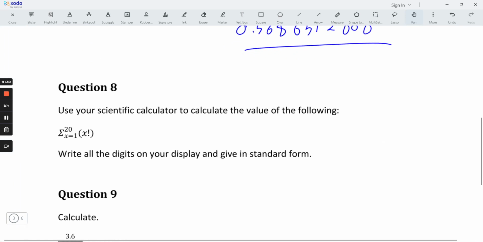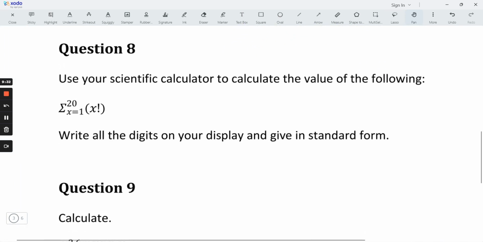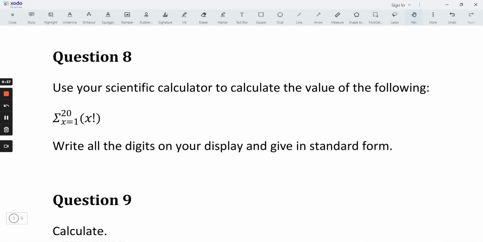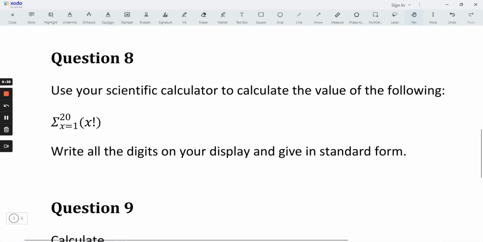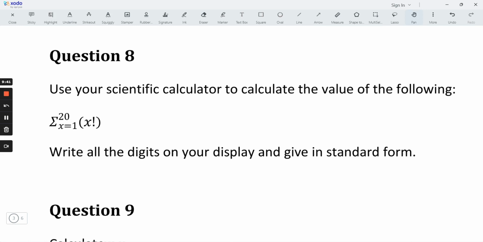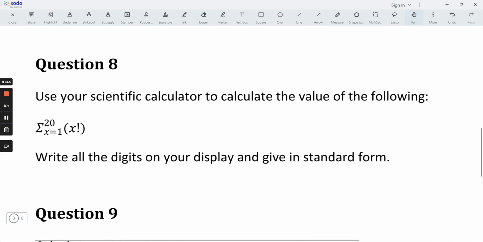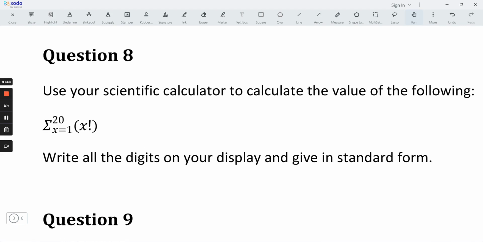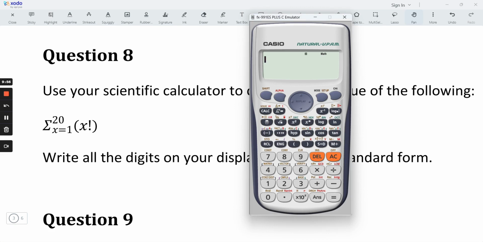Question 8. Use your scientific calculator to calculate the value of the following. Sum from x equal 1 to 20, x factorial. Write all the digits in your display and give in standard form. Okay, this question is a good question. Using your calculator, shift summation.